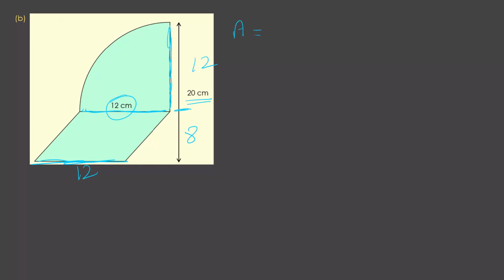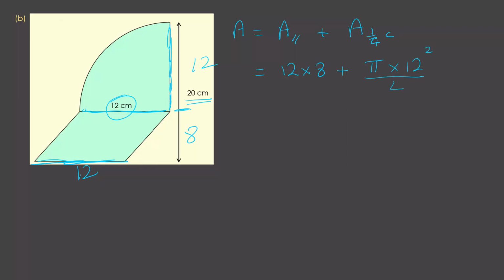So the area is going to be the area of the parallelogram, add the area of the quarter circle. For the parallelogram, that's just 12 times 8. For the quarter circle, pi times the radius squared would be the whole circle.